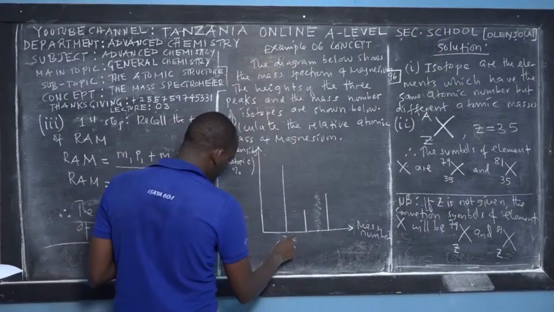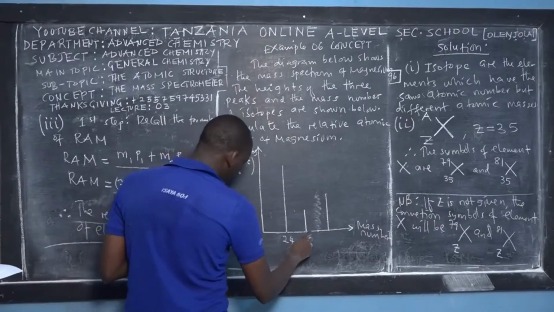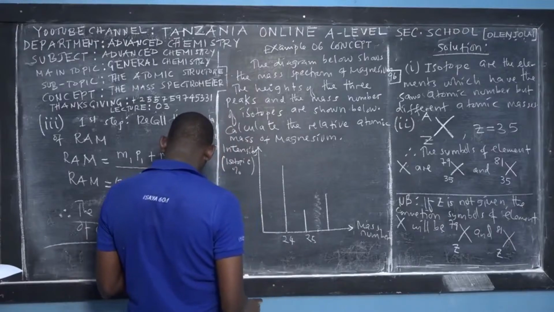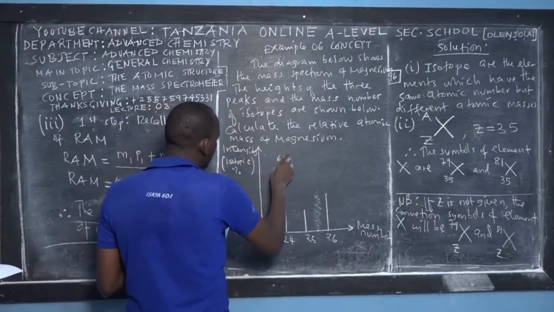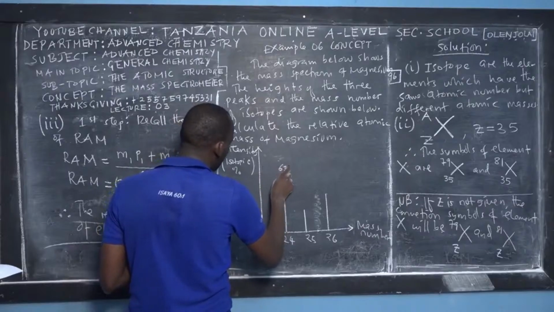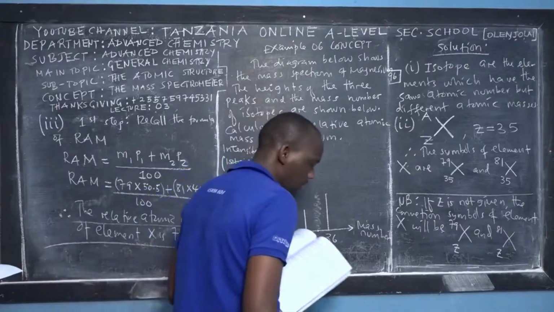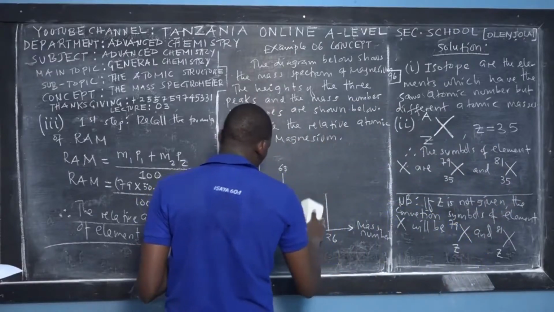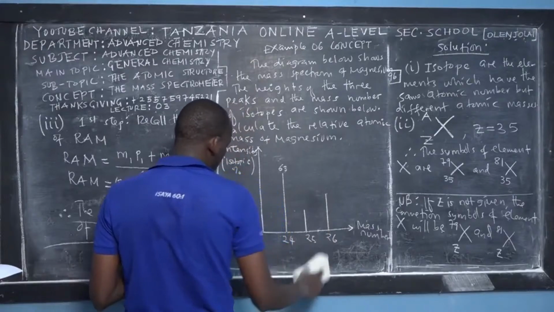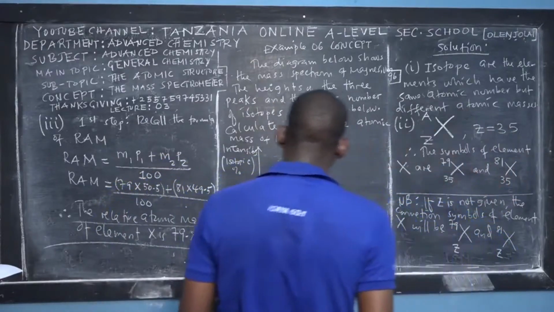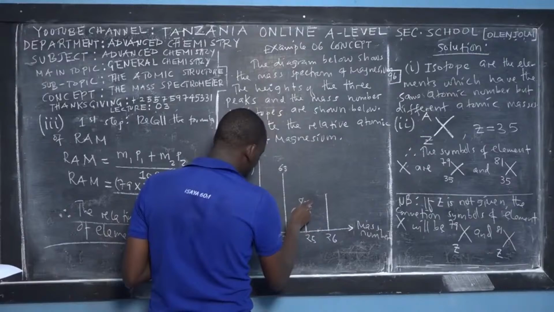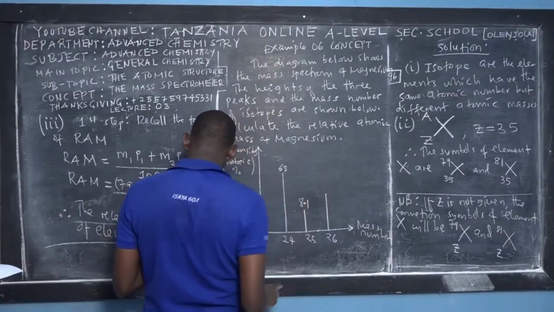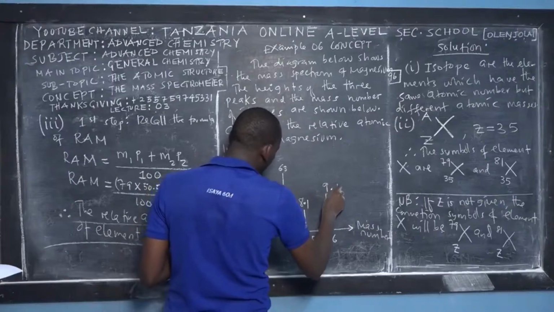This is 24, this is 25, this is 26, the mass number of each isotope. Here we have 63.1, and here you have 9.2.